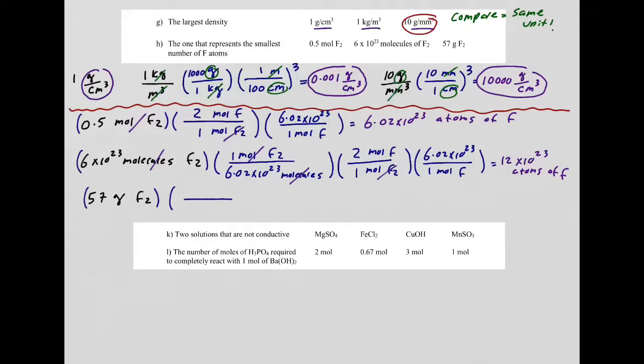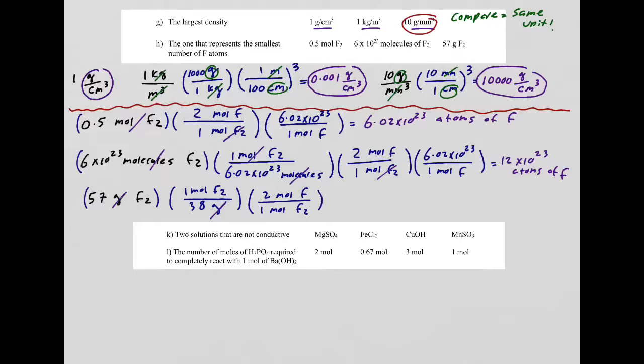I'm going to convert this to moles. 1 mole of F2 is 38 grams. Okay, so the grams cancel out. Now I have moles. What am I going to do? I'm going to do a mole ratio. 1 mole of F2 has 2 moles of F.